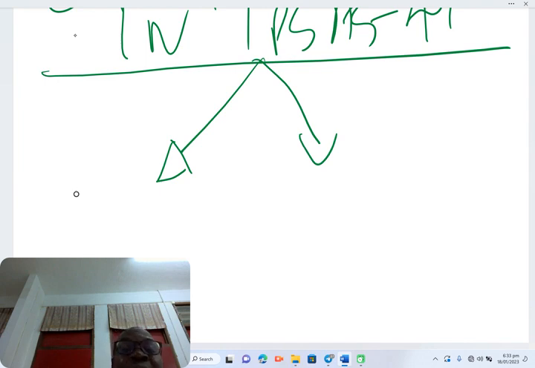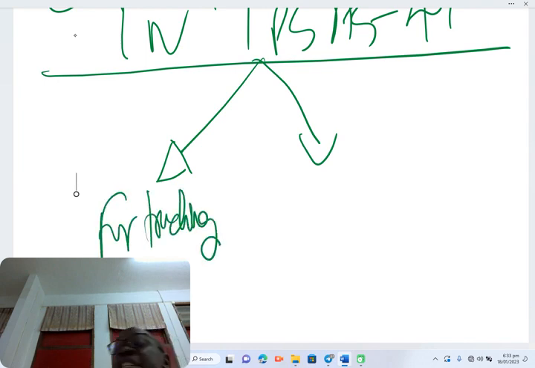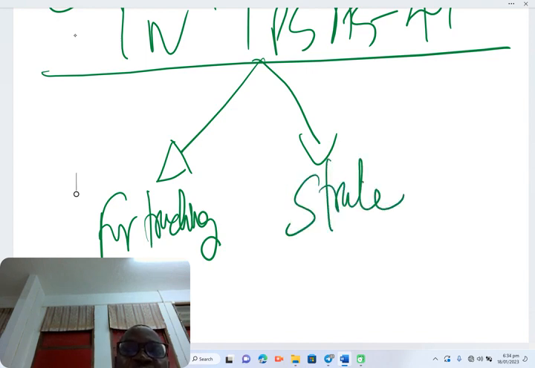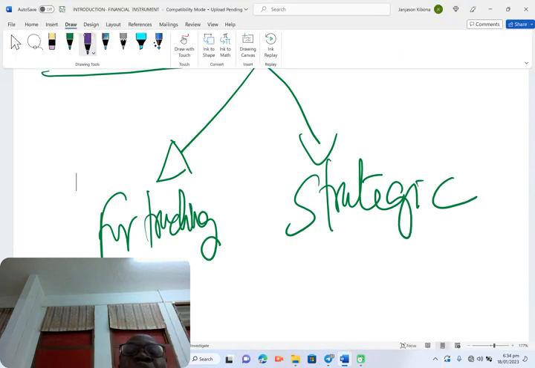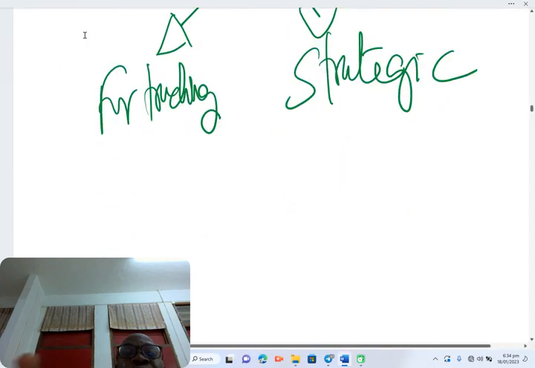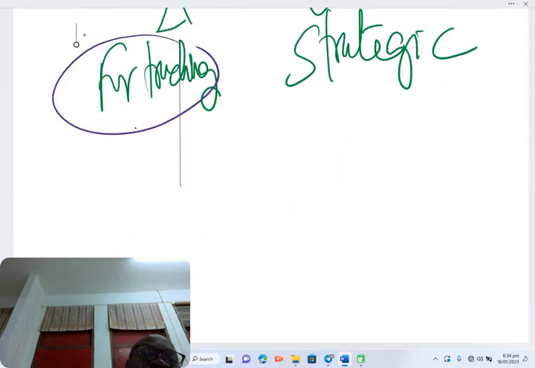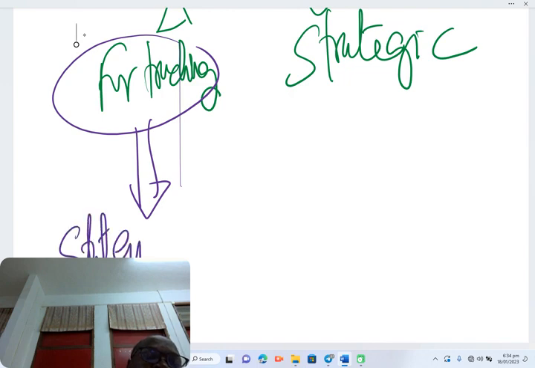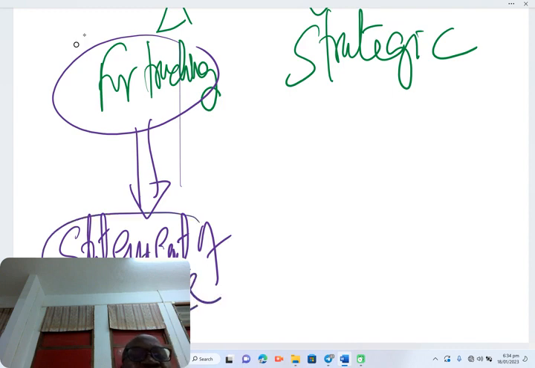You can hold shares for trading or for strategic reasons. When you hold shares for trading, remember, its gain or loss is through the statement of performance.